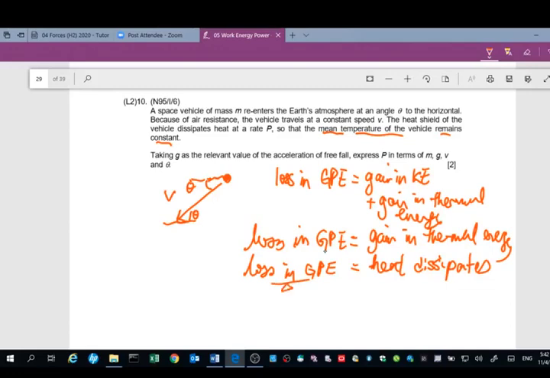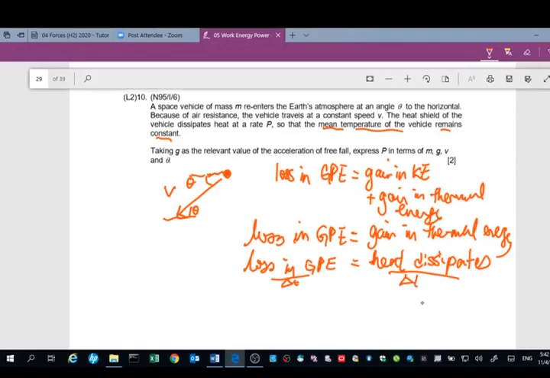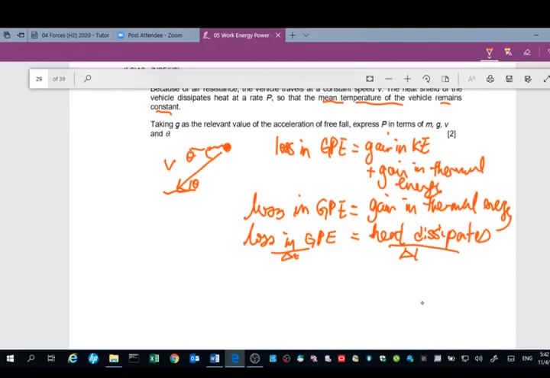So the rate of loss in GPE will be the same as the rate of dissipation of heat.